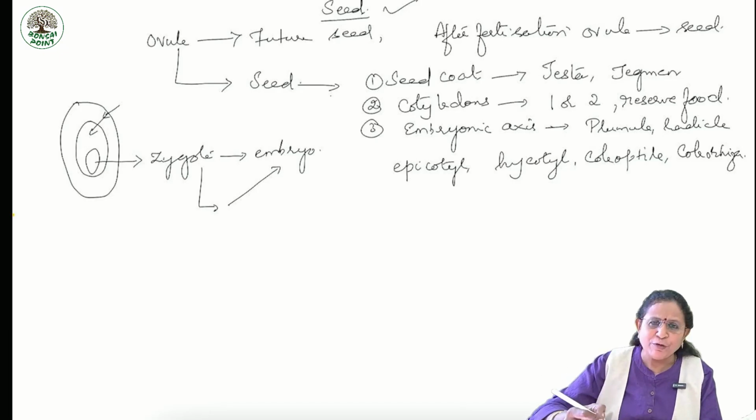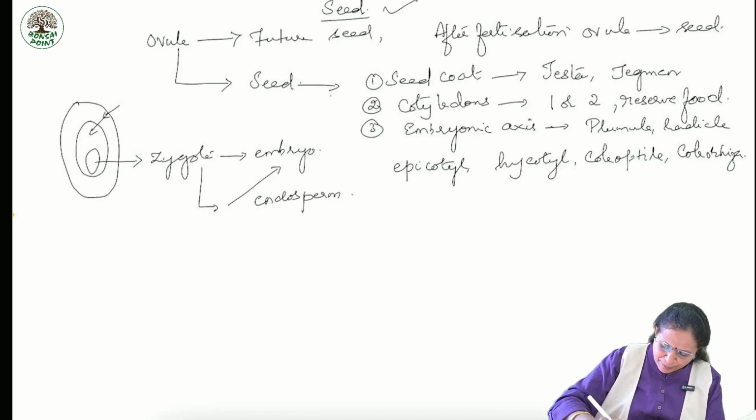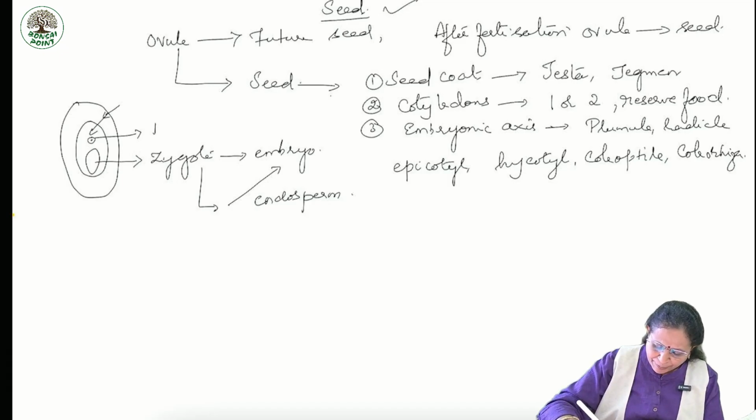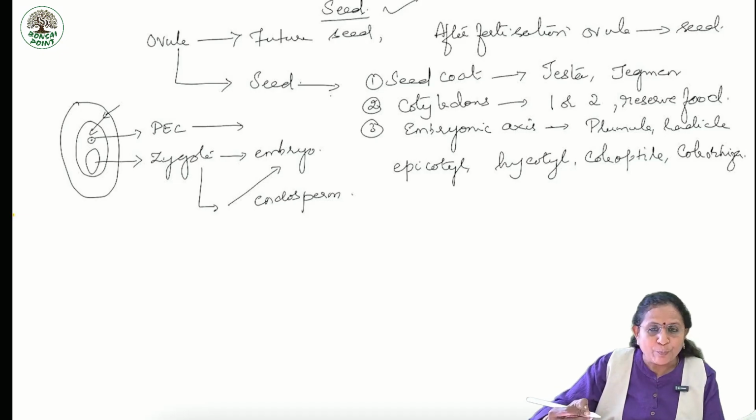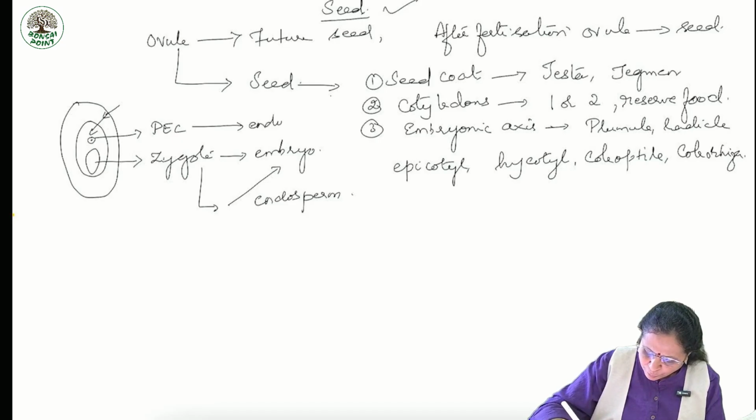The reserve food will be supplied by the endosperm. Hope you remember what an endosperm is. The central cell will become the primary endosperm cell after fertilization. Then after post-fertilization, PEC changes to endosperm. I am just recalling.